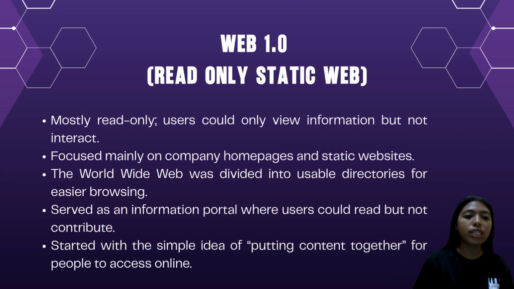A famous example of this is katong Yahoo. Yahoo is a directory where you could browse through topics like news, sports, or education. This made it easier for users to find the websites they wanted, even though the web was small and simple compared to today.